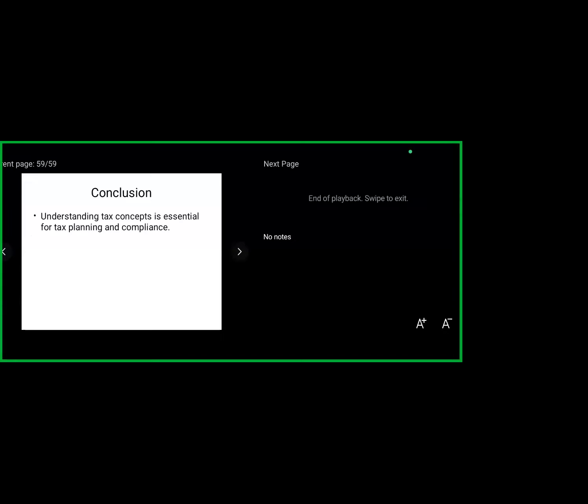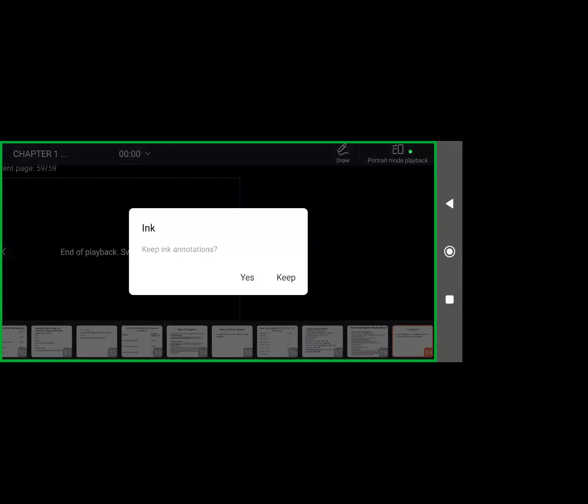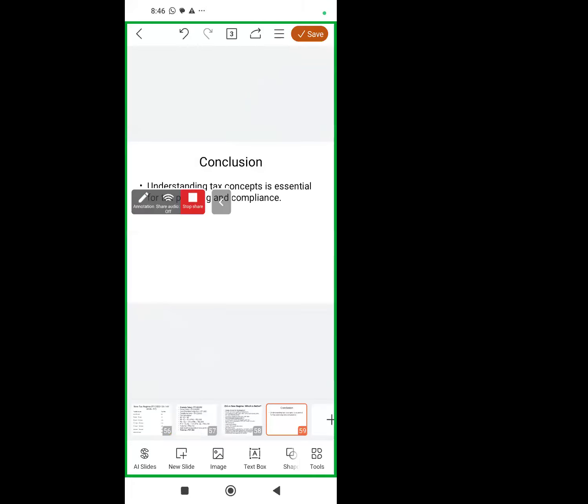Understanding tax concept is essential for tax planning and compliance. When we are going through this first chapter, understanding is important because it is going to help us while return filing.